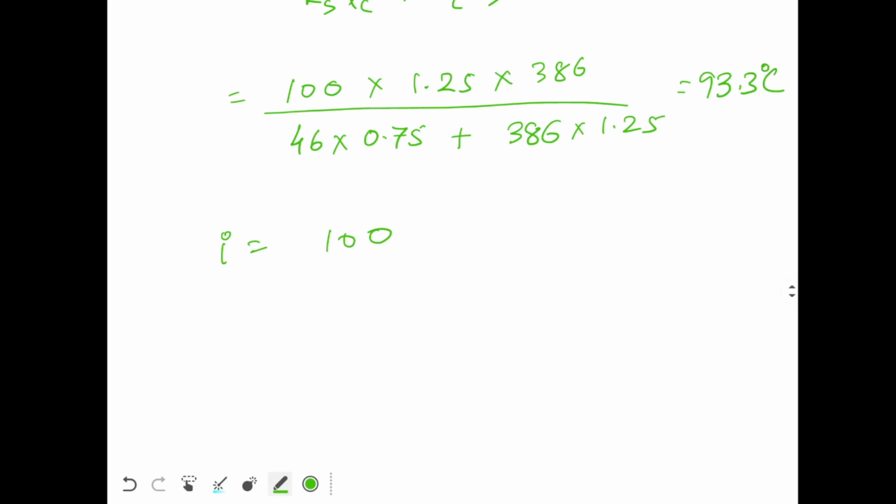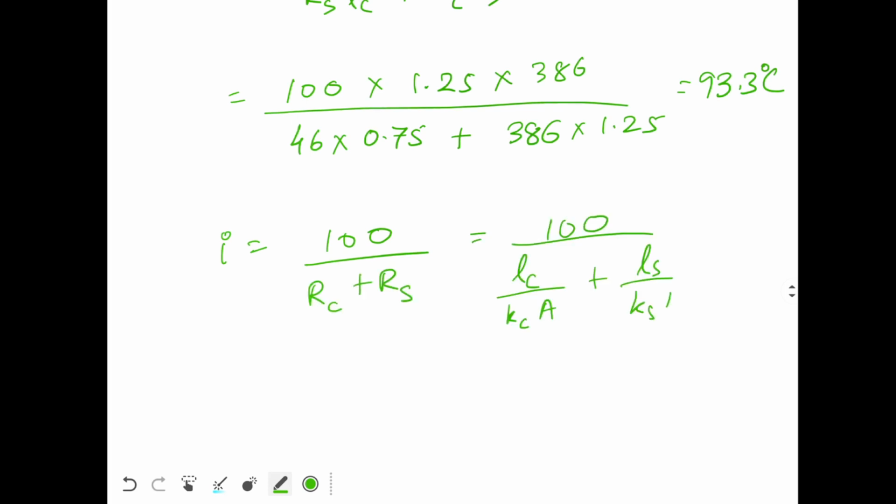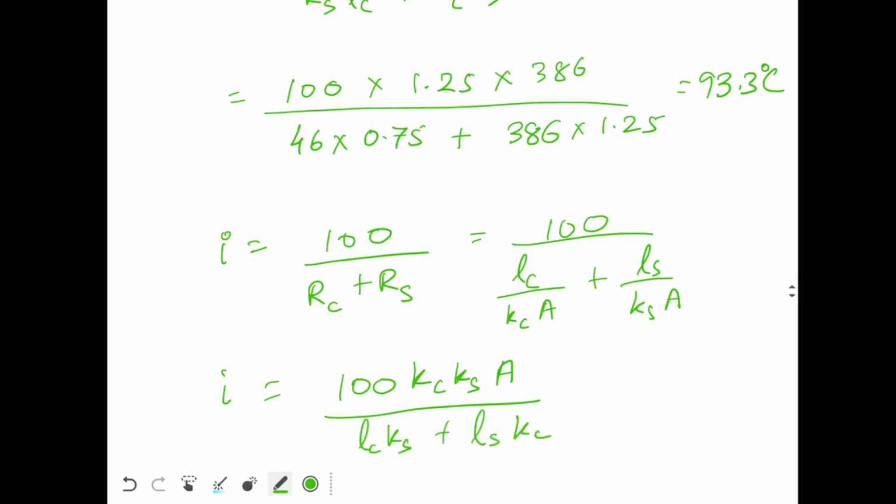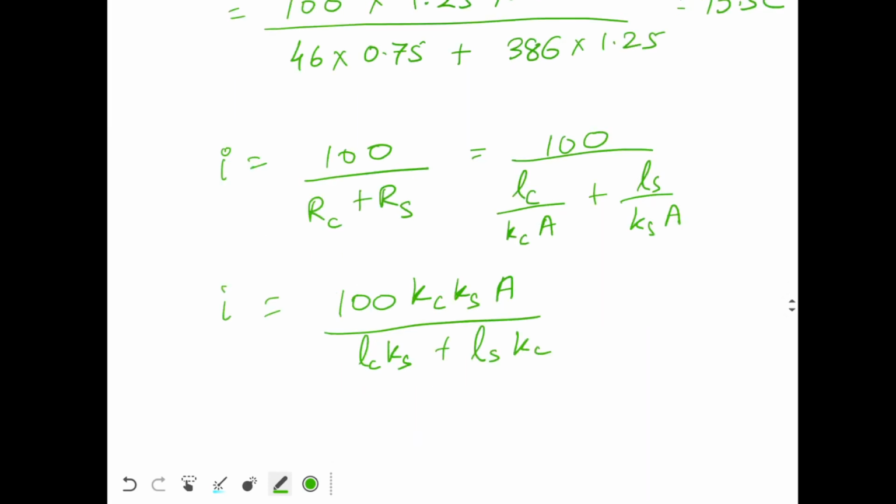So this will be equal to 100 by LC by KC into A plus LS by KS into A. So this will come out to be equal to 100 KC KS A divided by LC KS plus LS KC. So you just put the values and you get the answer.